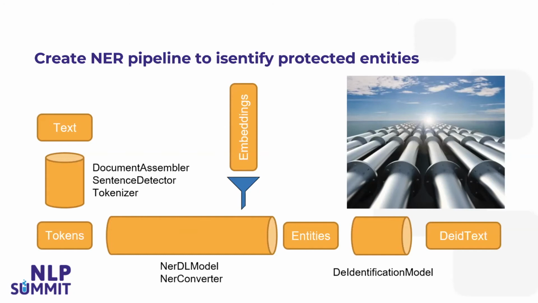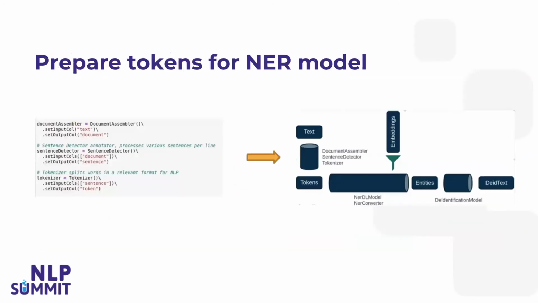Then we use the NER converter, and in the very end, the de-identification model. So first, let's prepare tokens. We will have the document assembler, sentence detector, and tokenizer as the first part. Here's an example of how we can use that.